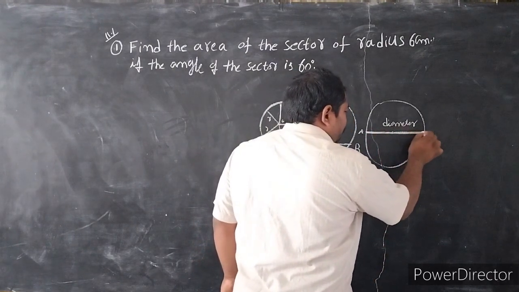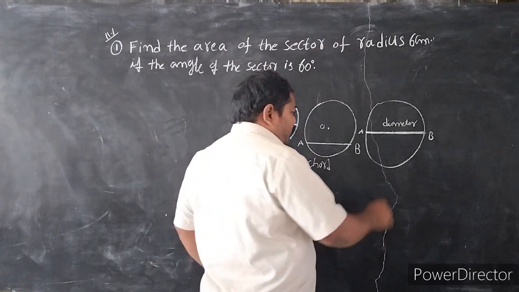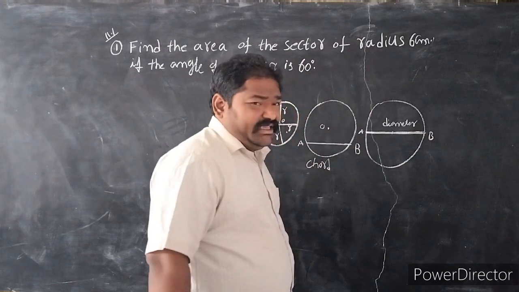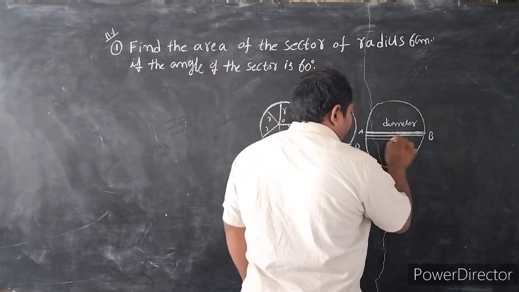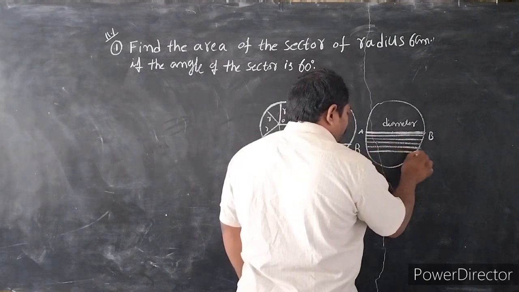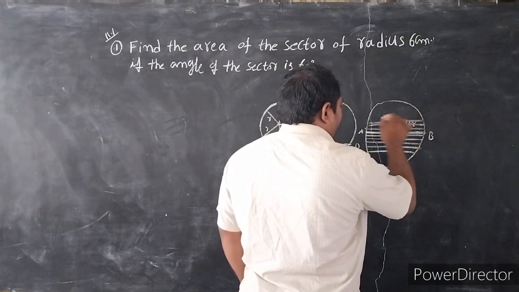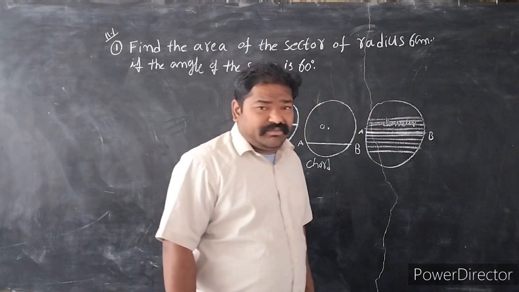The biggest chord of the circle is also called the diameter. And the next one: how many chords are possible to draw for a circle? This is a chord, this is a chord, this is also a chord. The number of chords that can be drawn for a given circle is infinity.